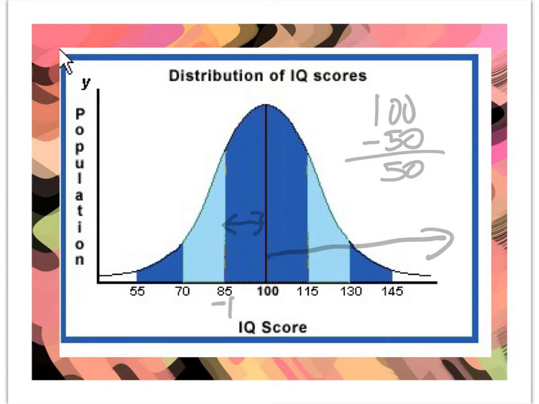Rounded, that would be about 34%. So I'm going to subtract another 34%, and I am going to have done as well or better than 16% of the people who took IQ tests. Or really, as well or better than 16% of the population.